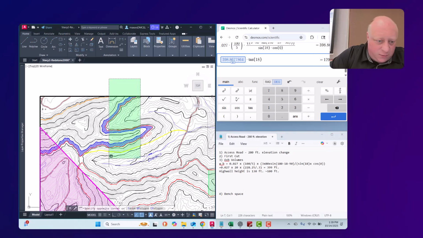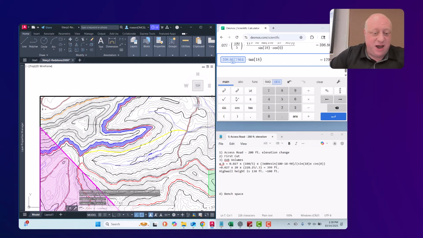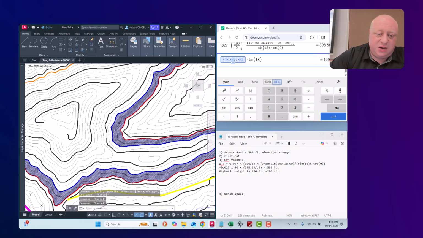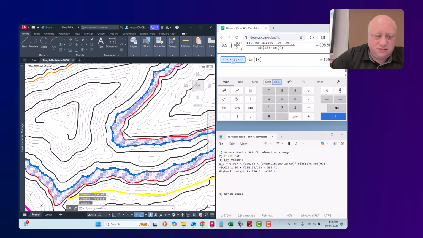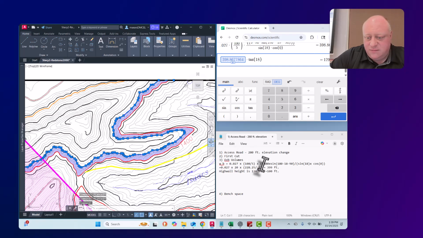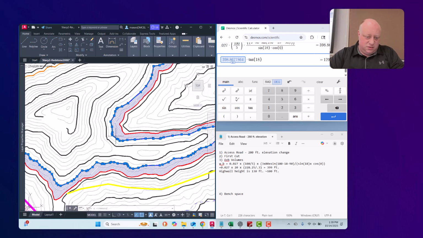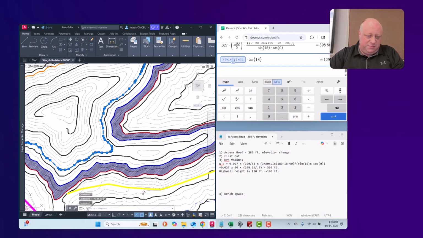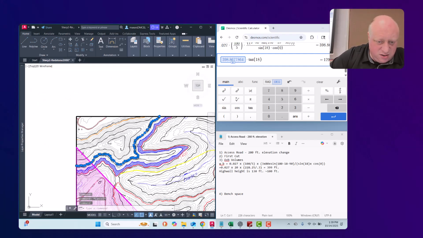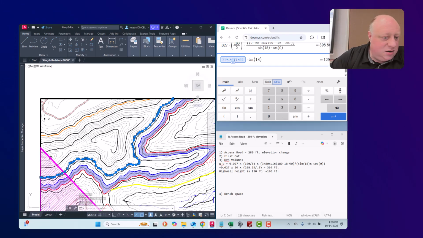But for now, I'm going to go over to this map, and I've got this high wall that's sitting here that's 40 feet high, right? And so if we're going to use this arbitrary limit, this 100 feet, that puts our new high wall at about right here, okay?